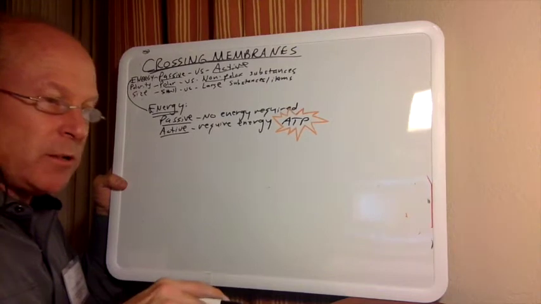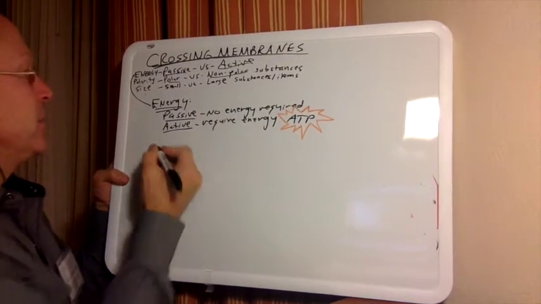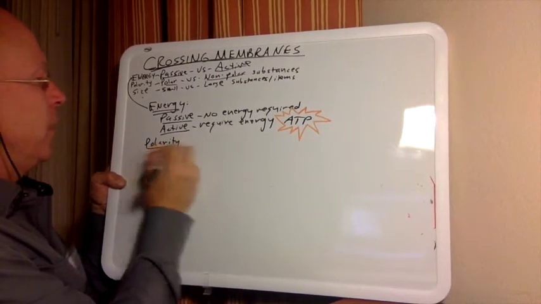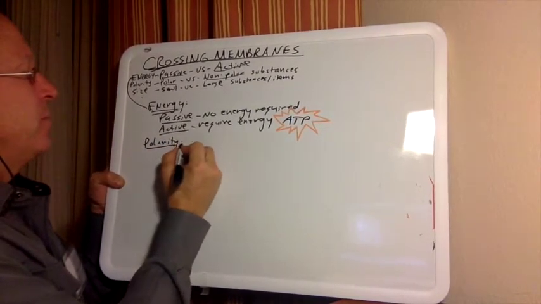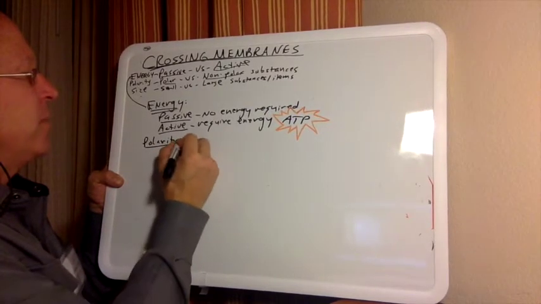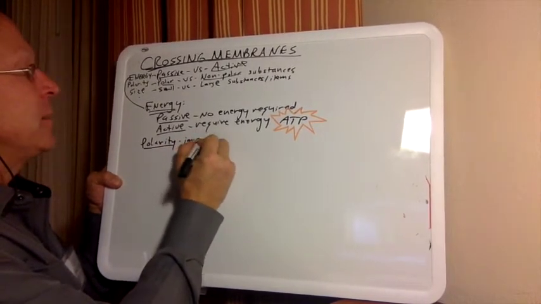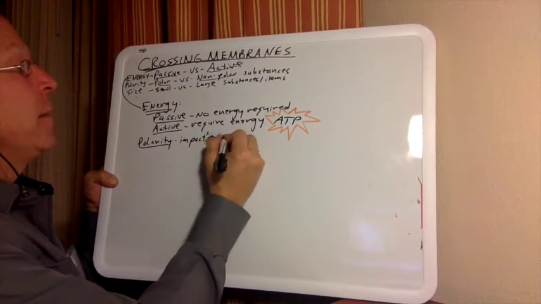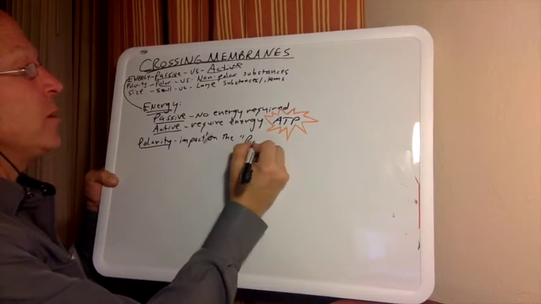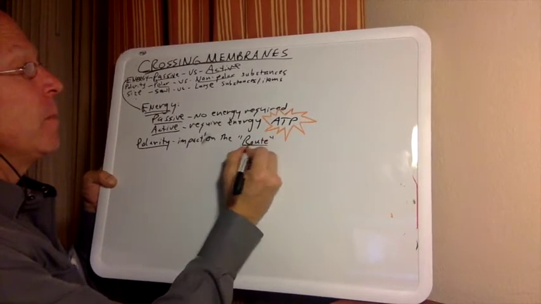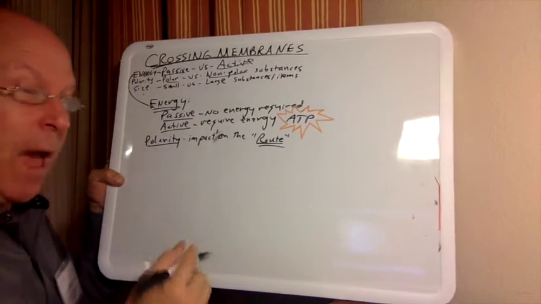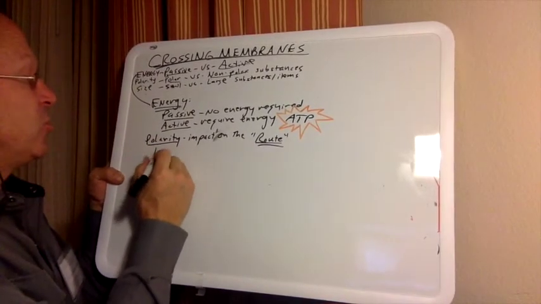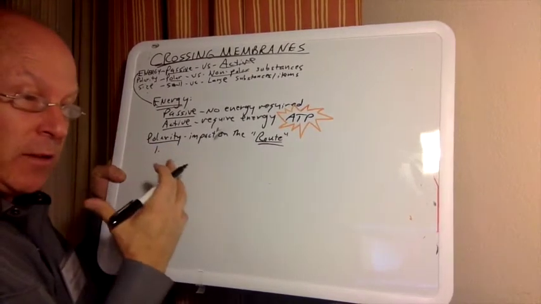The other one we want to look at is this issue of polarity. The polarity of a substance has tremendous impact on what I'm going to call the route across a membrane. How something goes, what pathway. So the first type is substances that can go directly through the membrane.